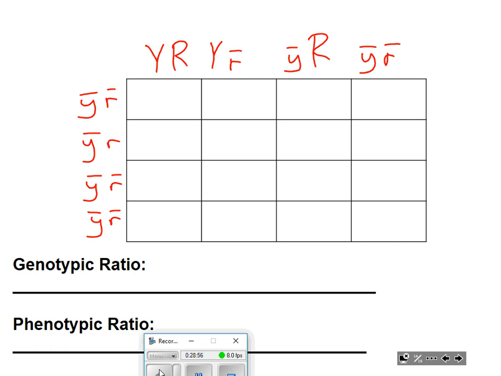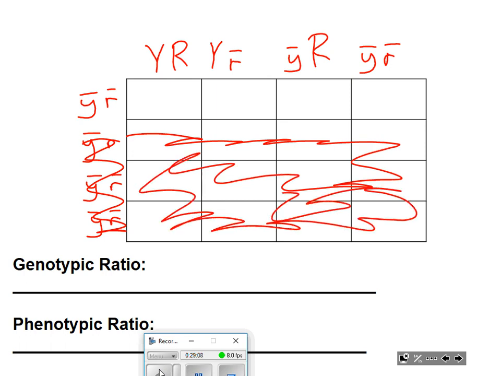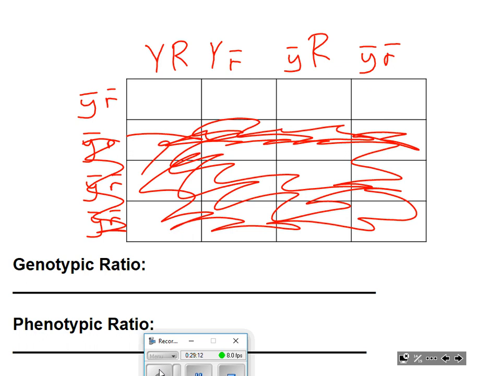I would just be repeating myself, right? So basically, since these are all the same here, I don't have to worry about those, which tells me I don't have to worry about these. All I need to worry about is these top 4 boxes. All right? Those top 4 boxes.